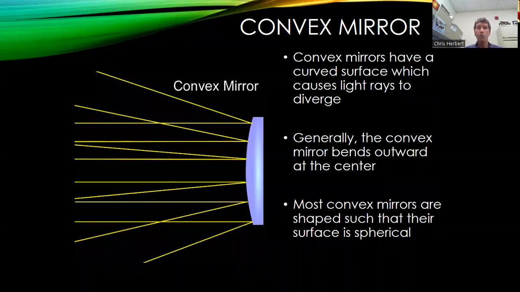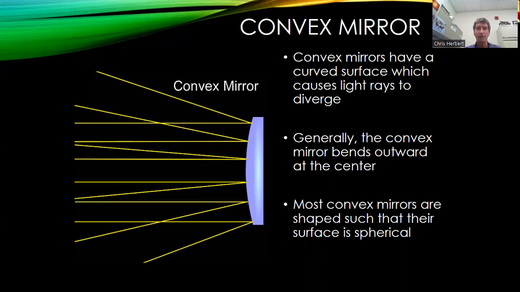Convex mirrors only produce virtual images from an object. There are cases where we can use it to create a second image from an image. In that case, you can create a real one, but for the simple case where we're looking at an object's reflection off of the convex mirror, it's always going to be virtual, much like the flat mirror.